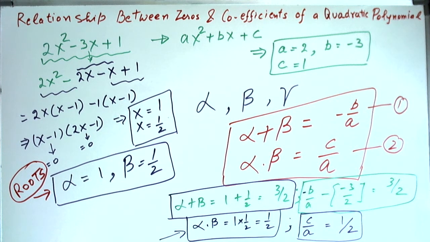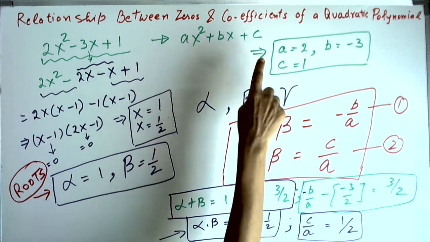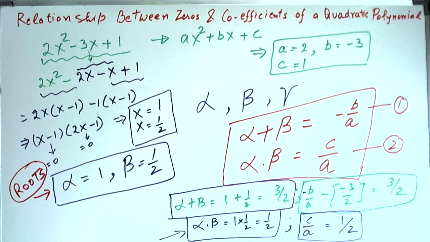Now once we know the relationship, suppose we know the roots, then by applying these two formulae we can determine the coefficients, and that means we can determine the polynomial. So you will have questions where roots are given and you are asked to find the polynomial.